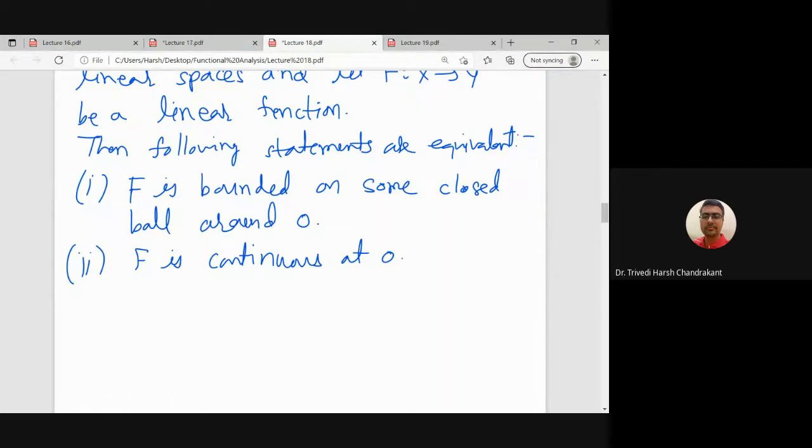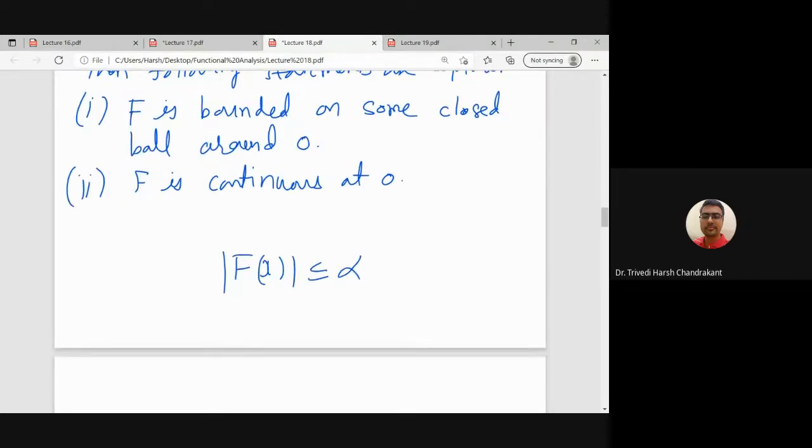For a linear function, we define boundedness as: norm of f of x is less than or equal to alpha times norm x for some positive alpha. This is the boundedness of a linear function, and it is related to the continuity of the function. That is what we are going to prove.